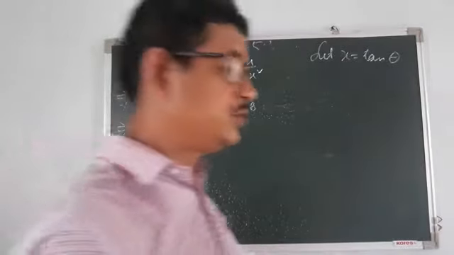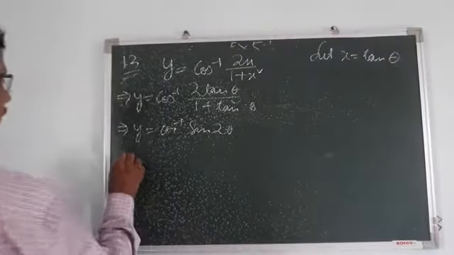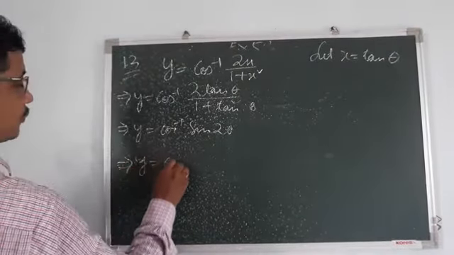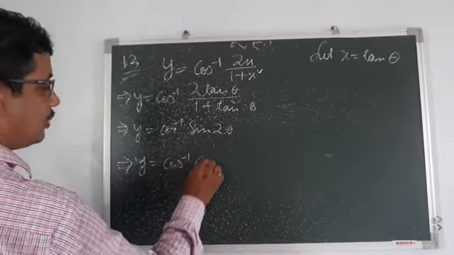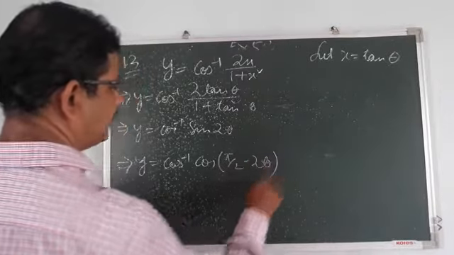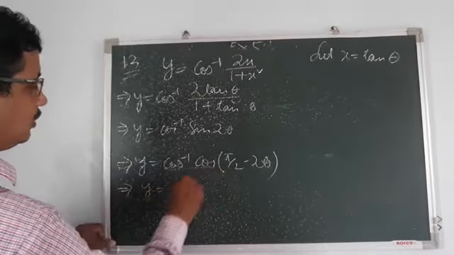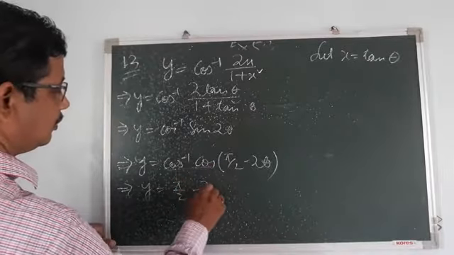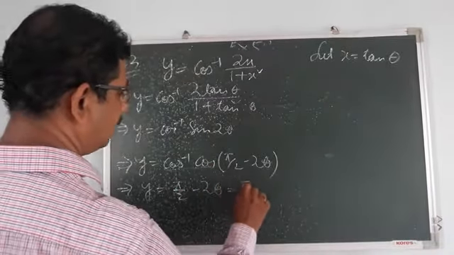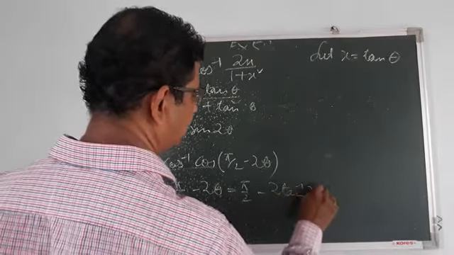We have already experienced how to do this one. Then y becomes cos inverse of sine twice theta, which can be written as cos of 90 minus twice theta. If both are cancelled, then we get 90 minus 2 theta. Theta is tan inverse x.